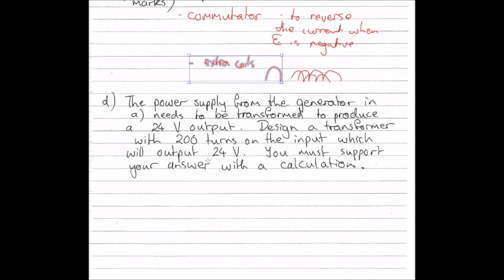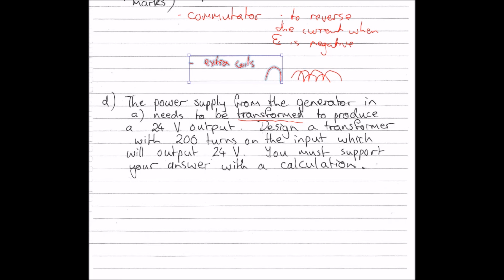Okay, so the power supply from the generator needs to be transformed. Now again, this was badly done, and there's no reason for people to be mixing up these sorts of questions. When it says transformed, there is a set of equations for transformers. They are not for anything else.